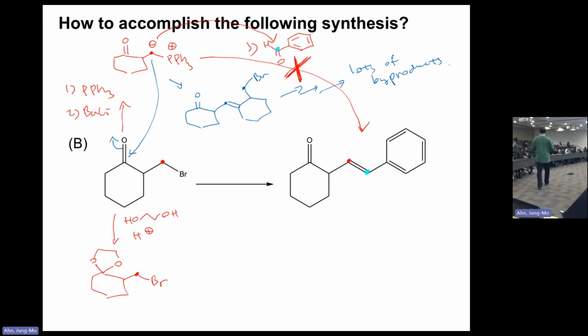I'm pretty sure that now you understand why we want to do these things. Anyway, protecting a carbonyl is a pretty simple step, right? You just treat it with a diol and an acid, and you get the cyclic acetal. Once it becomes an acetal, none of those reactions will happen to it unless you open it up with acid.